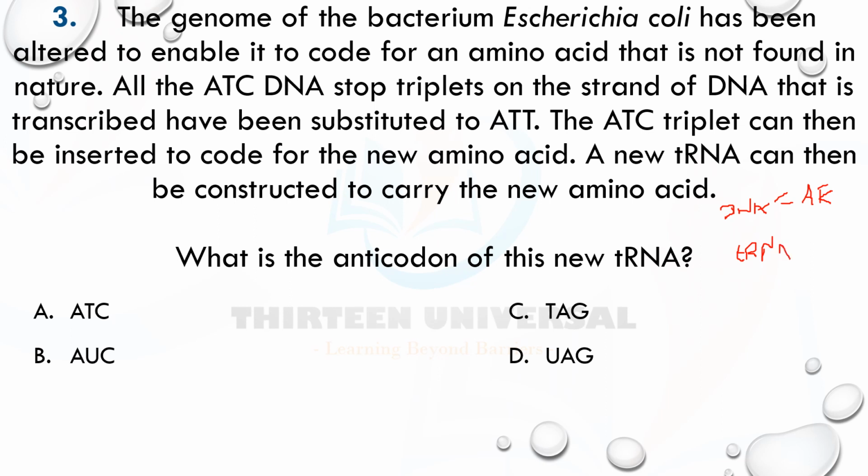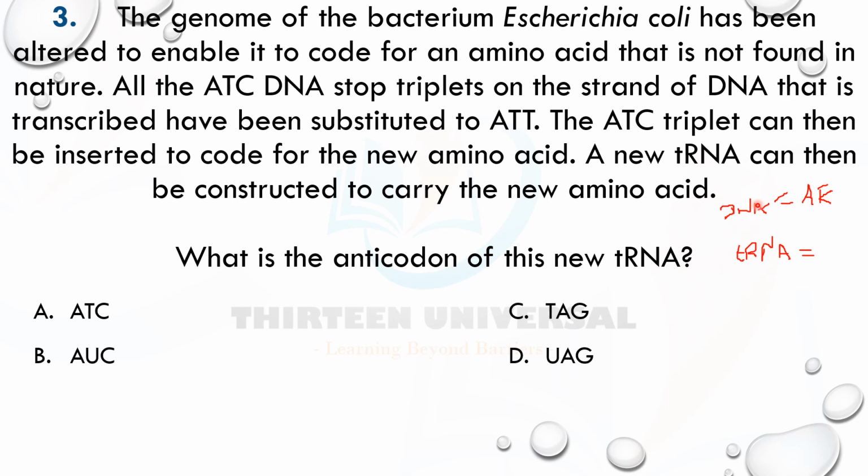I told you the formula: please watch this, don't forget it. The anticodon of transfer RNA and the base triplet of DNA are both complementary to the codon on mRNA.